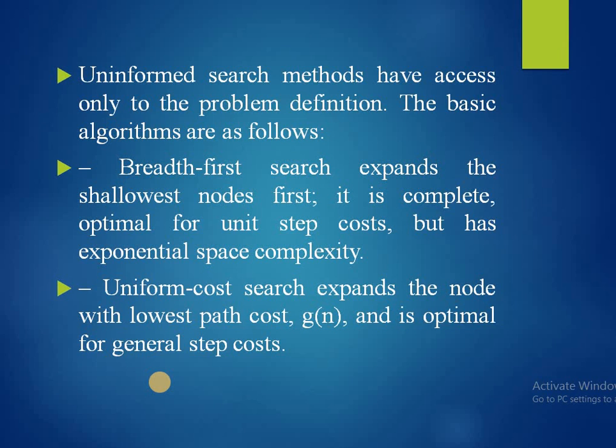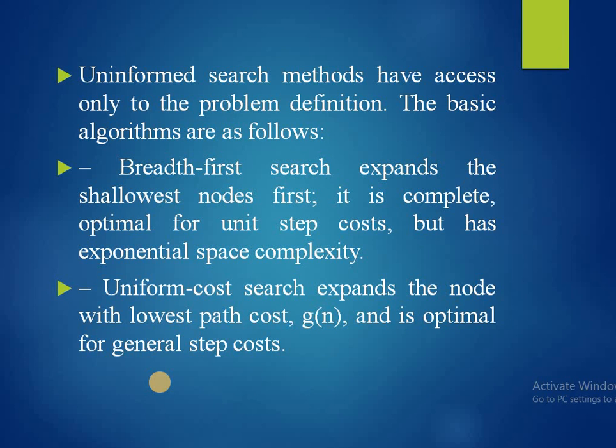Uninformed search methods have access only to the problem definition. The basic algorithms are as follows. Breadth first search expands the shallowest nodes first. It is complete, optimal for unit step cost, but has exponential space complexity.